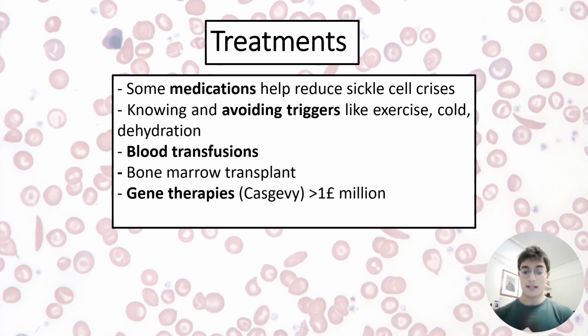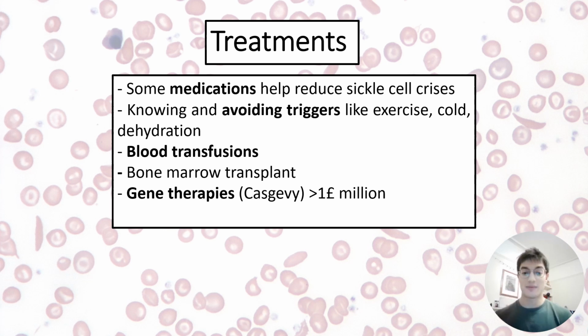What's very promising is gene therapies. This is a great candidate for gene therapies. It's a single genetic error, and recently the NHS approved a treatment for sickle cell. It's extremely expensive, over £1 million, but when you think about the amount of time and hospital admissions that you're saving, actually the money kind of adds up.